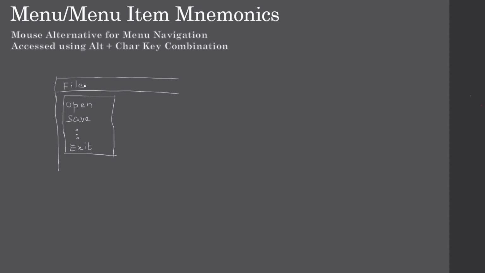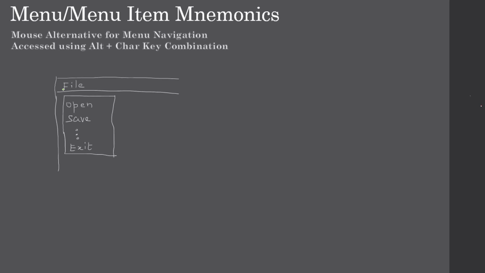So let us say we have a menu bar. So this is the menu bar. In that we have a menu called file, and the file menu consists of some menu items like open, save and exit.